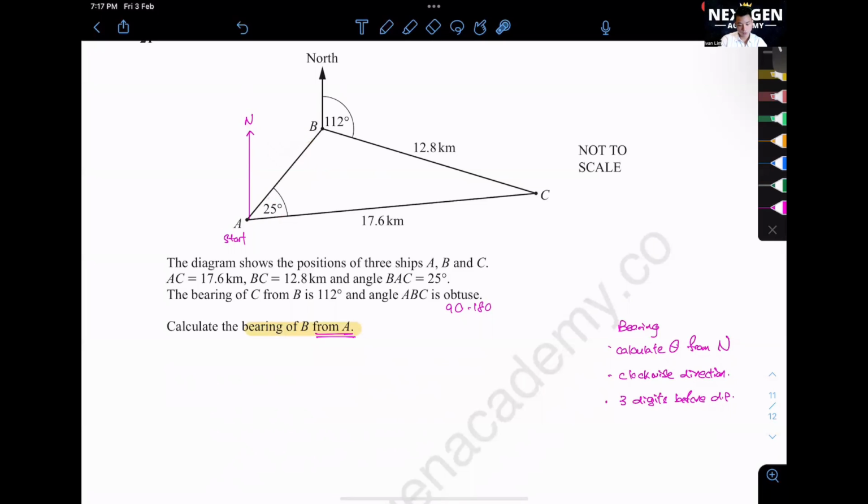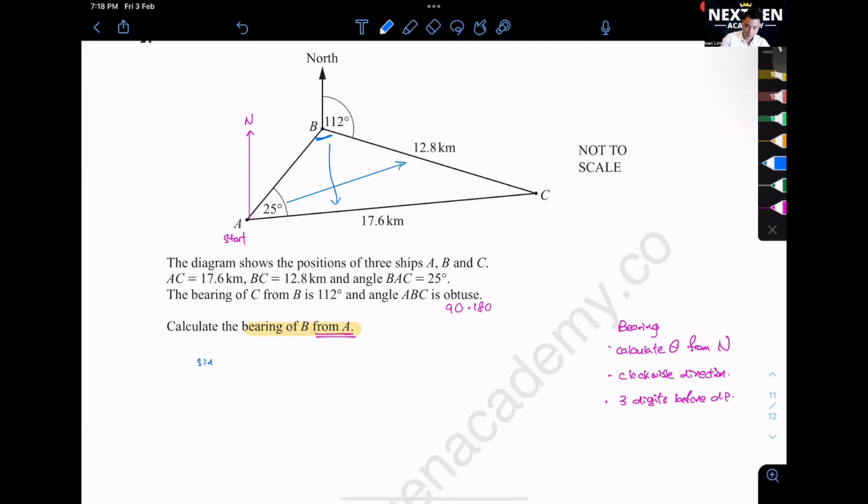So what am I going to do here? Can I find angle ABC first? Let's go and find angle ABC. What rule can we use? Sine rule, because I have this against this, and this against this, the opposite sides with each other.